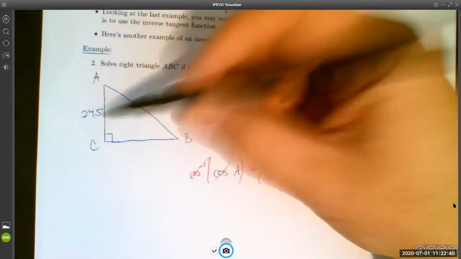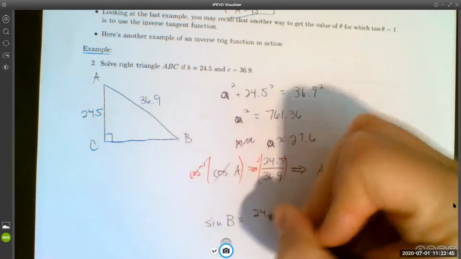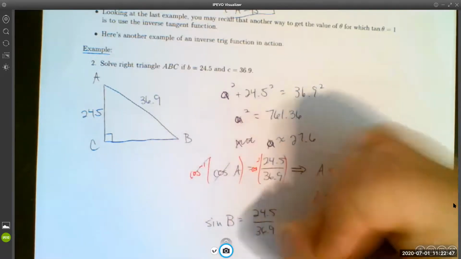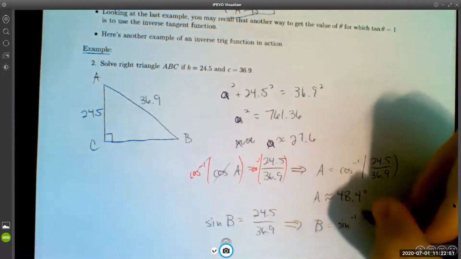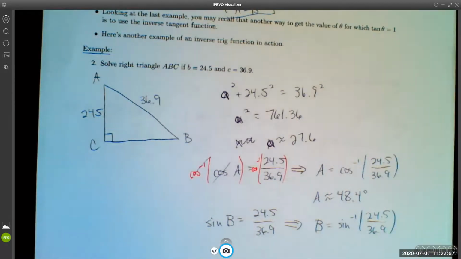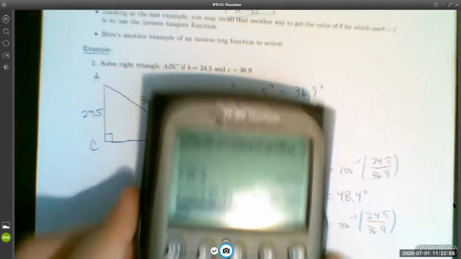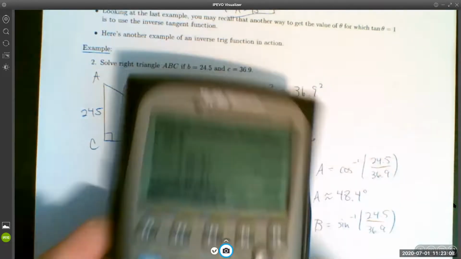So I could say sine B is 24.5 over 36.9, and that implies that B is sine inverse of 24.5 over 36.9. So on my calculator, sine inverse of 24.5 over 36.9 comes out to about 41.6.